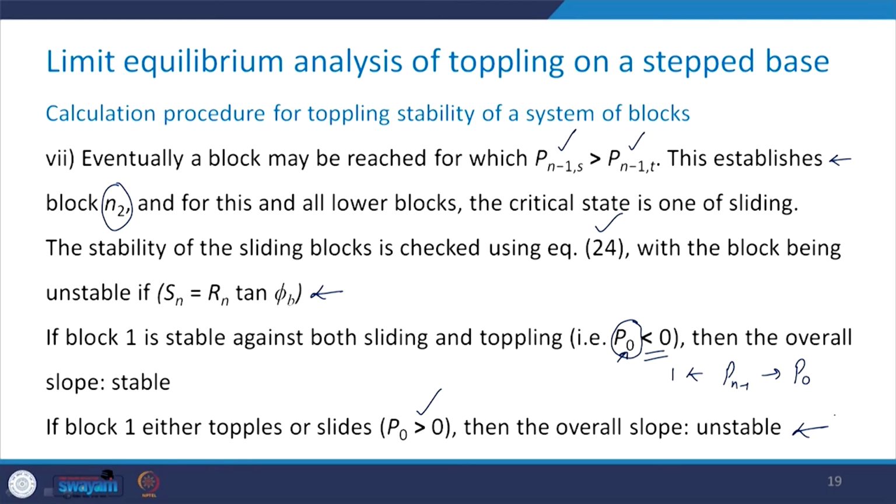So, you need to go in a systematic manner starting from the topmost block and then go one by one towards the toe of the slope, and then keep finding out what is going to be the value of Pn minus 1 for each of these blocks. Apply a check to see which one is the dominating mechanism, whether it is toppling or sliding.